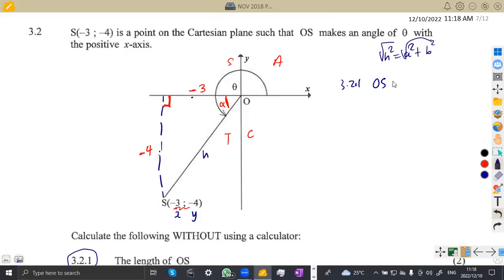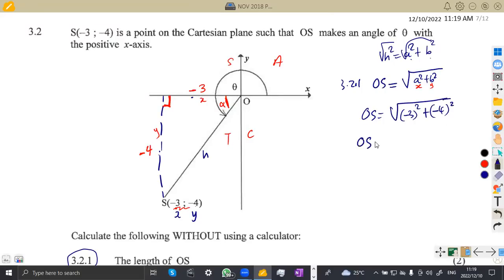So OS is equivalent to the square root of the shorter side squared plus the other side squared. In this case, we can write it as x squared plus y squared, because this is x and this is y. So it's going to be (-3) squared plus the y value, (-4) squared.